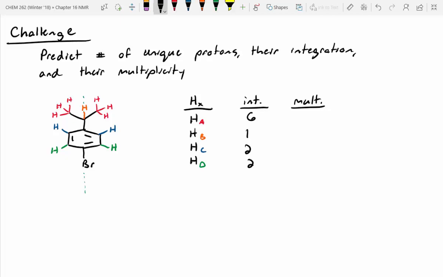How many neighboring protons do you have that are 2 or 3 bonds away that aren't another red proton? 1. So what should the splitting pattern be? A doublet, right? Not too bad, right? All right, what about HB? How many 3-bond neighbors does it have? 6, exactly. Why don't we count the blue one?